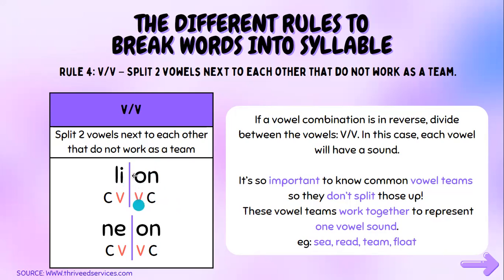So we split the word lion between the two vowels, and then we have lie and un. And you can see that this works well, because we know that since the syllable lie is now open, it's going to make a long sound, and the O syllable is closed by the end, so it's going to make a short sound.